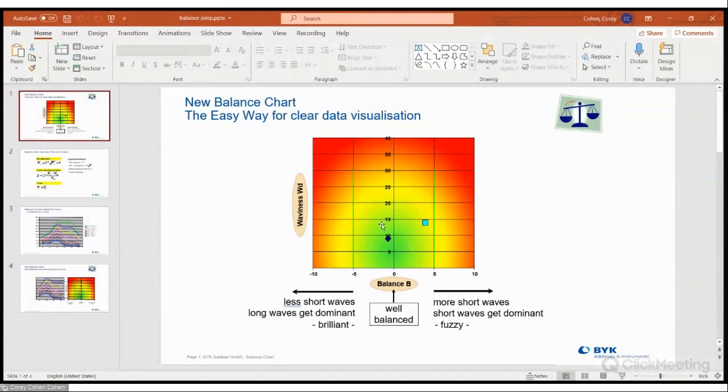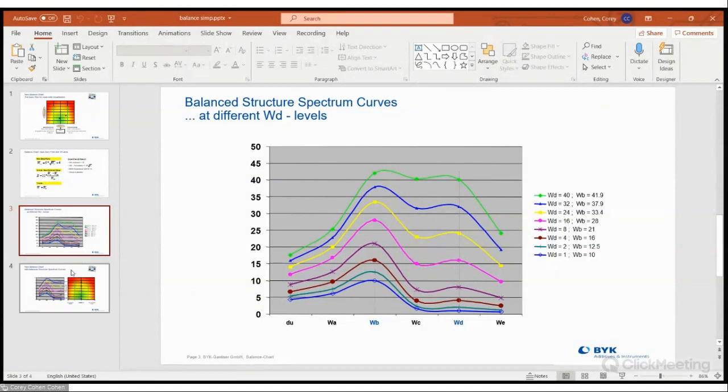So there's a green zone here in the middle, hovering around the 0 value, that you want to be in, as close to 0 as you can get for this B value. And then we'll see here we have some structure spectra and how they correlate.